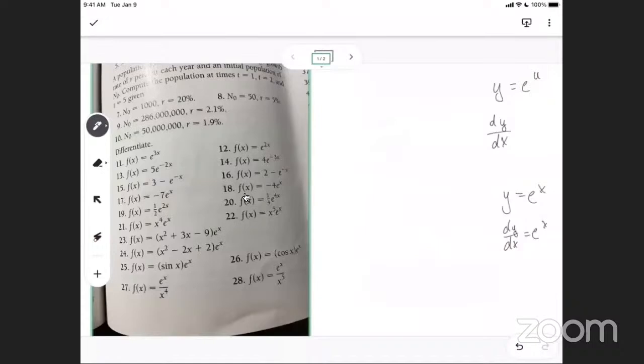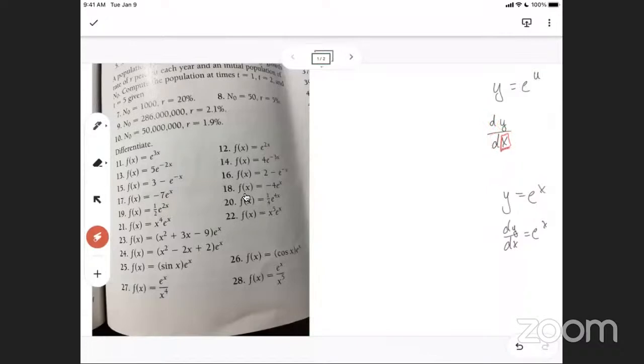But if you're trying to find the derivative of something that isn't just e to the x, it's e to the something else that has to do with x, then you have to take the derivative of that exponent as well. So first of all, do you understand this notation that I'm using here? dy dx. Yes. This literally means the derivative of y with respect to x.